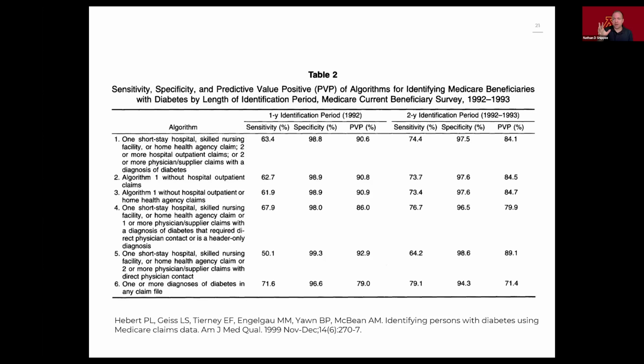It could appear in either one inpatient, skilled nursing, and so on, or two outpatient or carrier. I'll say that again. One claim in the inpatient or skilled nursing or home health, or it could be two claims in the hospital outpatient or the carrier file.